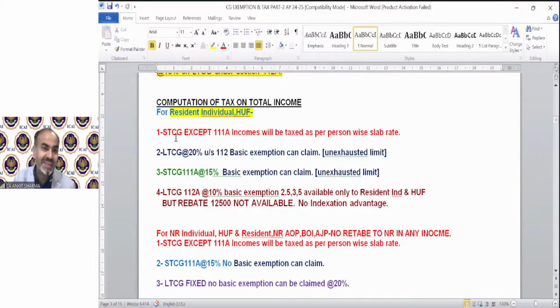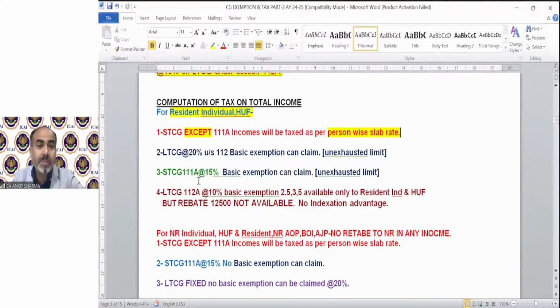So if any resident has short-term capital gain except 111A, it is treated or taxed as per the normal slab rate. Clear? If you have a long-term capital gain that is taxable at 20% under section 112, then the basic exemption can be claimed to the unexhausted limit.